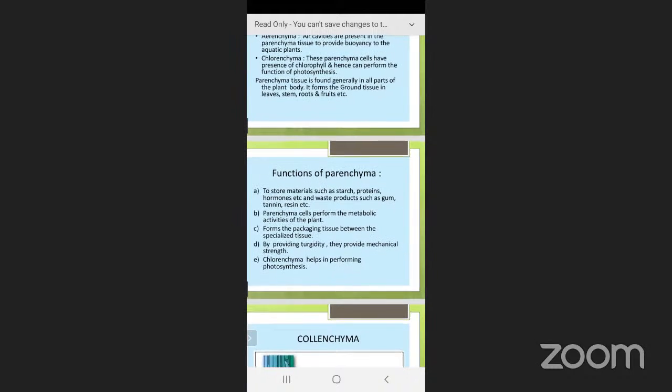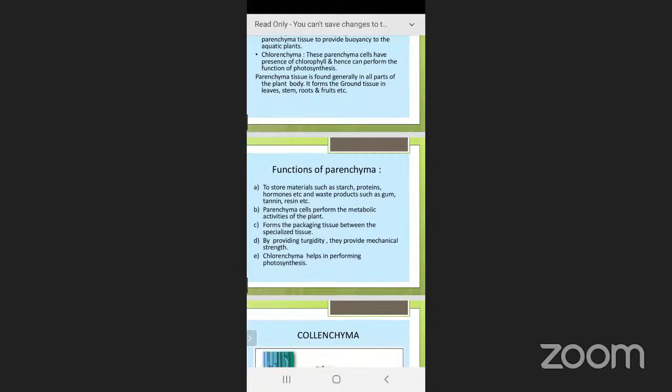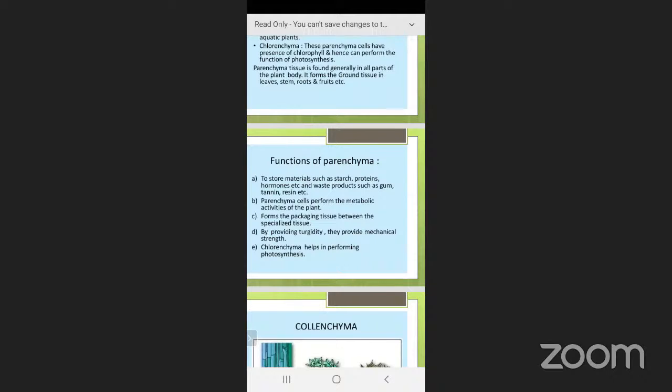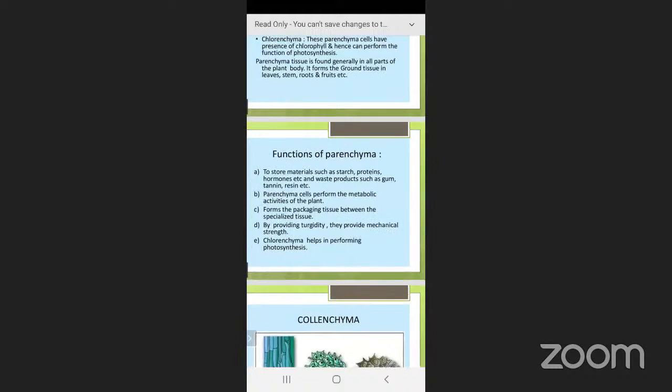It forms the ground tissue in leaves, stem, roots, and fruits, etc.